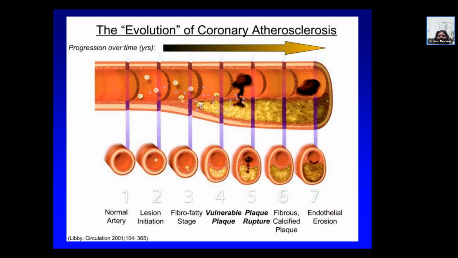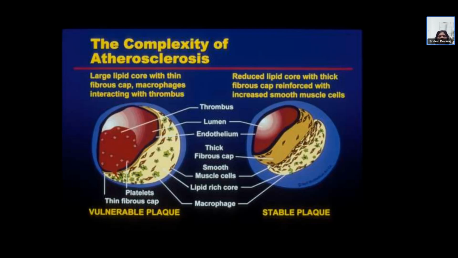So what can we do in terms of assessing risk, and how early can we prevent this increased coronary atherosclerosis and events due to these atherosclerotic events? So the other thing about the complexity of atherosclerosis is a lot of us walk with plaques in our arteries. Not all of us know about it. And the interesting thing is that you have the concept of the stable plaque versus the vulnerable plaque.